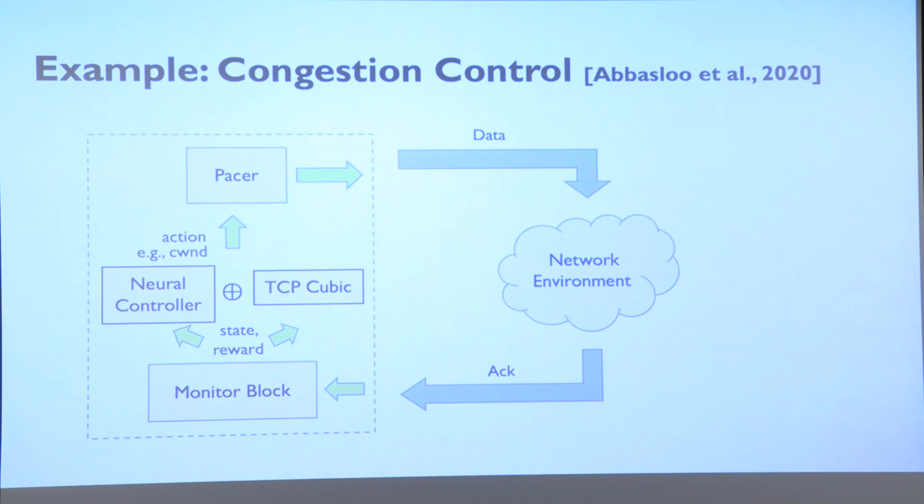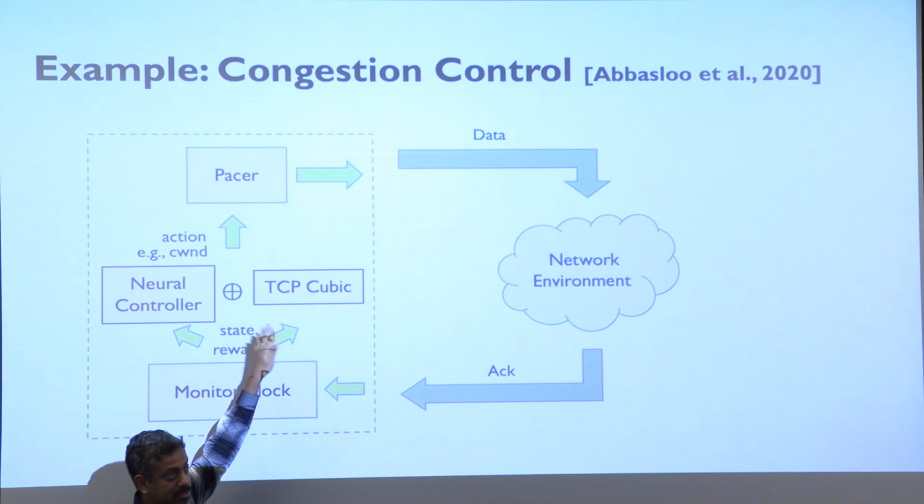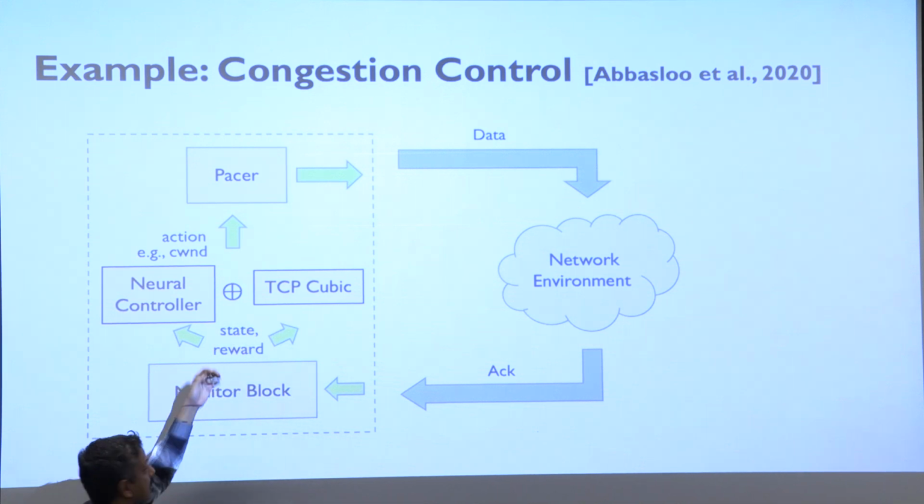But now you are adding on top of that this extra neural piece, which is really being combined with the traditional heuristic, and it's adding a little bit of extra flexibility. So the impact of this is that the controller is now a lot more flexible.